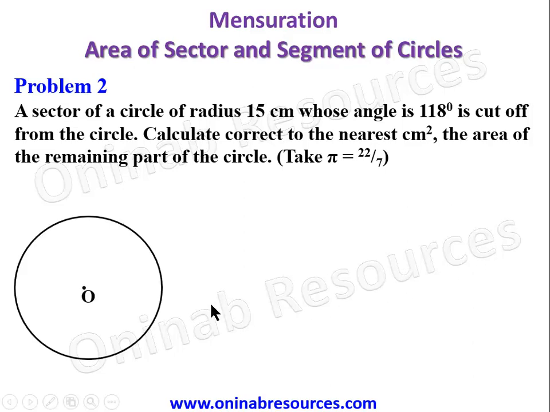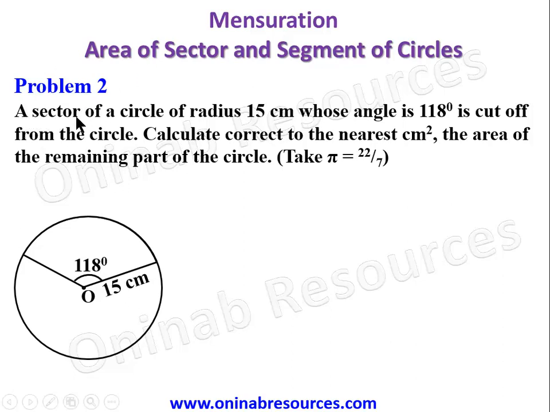We have the entire circle center O. We have our radii dividing the circle into sectors, and this small sector, the minor sector here, has an angle of 118 degrees and a radius of 15 centimeters.